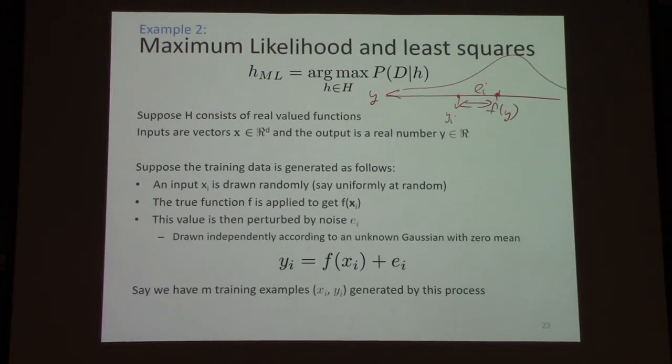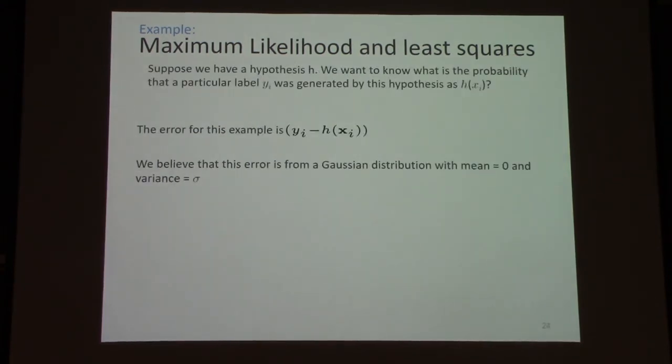So what I have just told you is the generative story. How is the data set created? I haven't told you anything about what the function f looks like. Now, suppose we have a hypothesis. The thing that we need to worry about is how good is a particular hypothesis under this generative story.